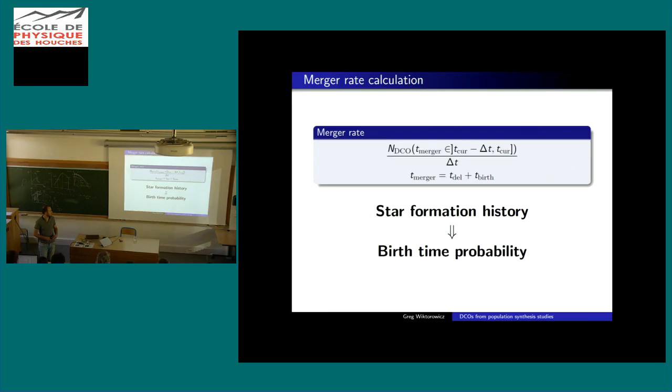And merger rates calculations. I'm sure that you were talking about it for long, and you have more elaborate formulae for calculating these merger rates. But for our needs, this simple formula, where we just count the number of double compact objects which merge within the current time, and there is a time range which is marked with delta t here.